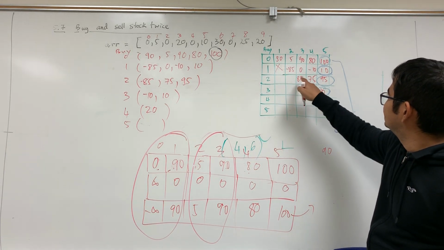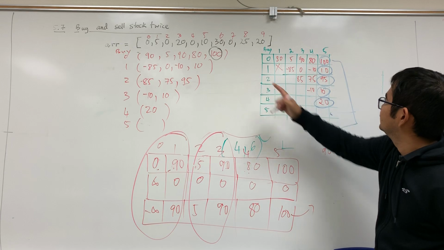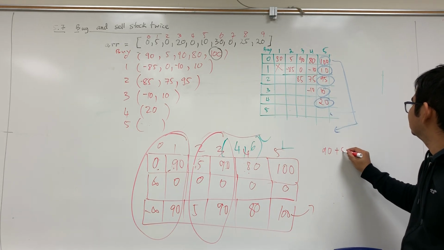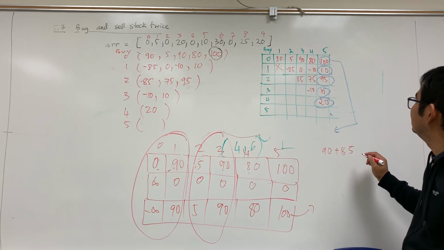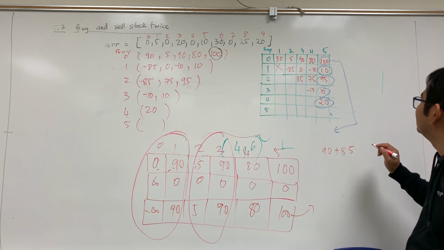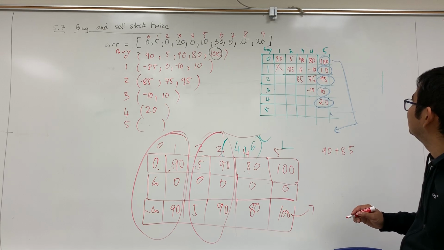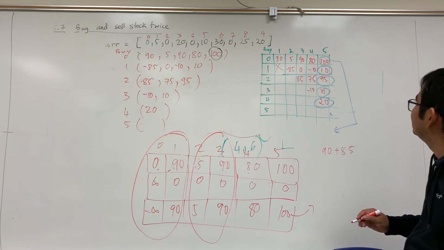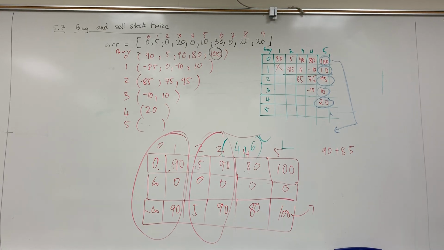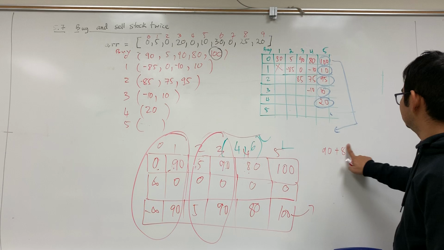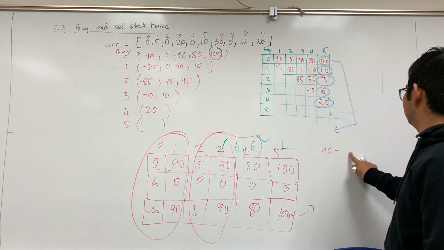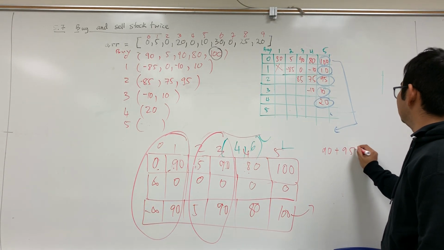So you could buy at 2, so you go plus 85. So basically 90, and then 95.